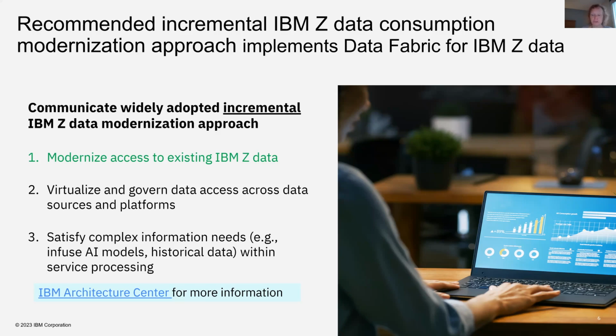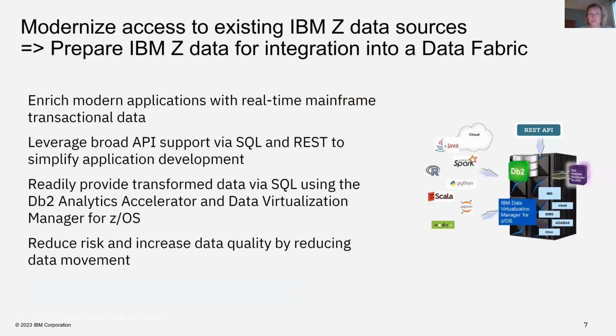But I don't want to go any further in this than just showing that modernizing access is just the first step in a bigger data architecture modernization, including Z data. So let's look into what modernizing access to existing IBM Z data means. It's actually very simple.